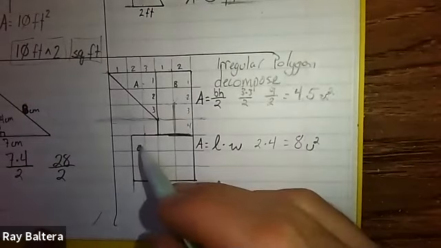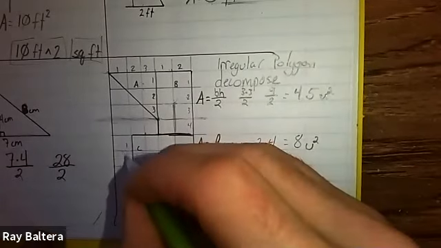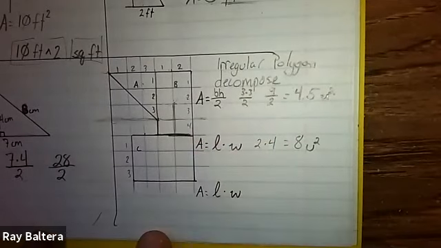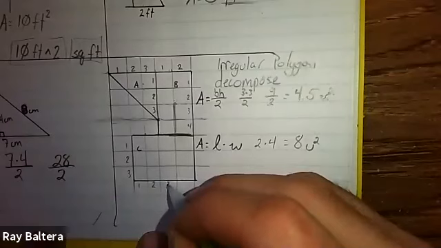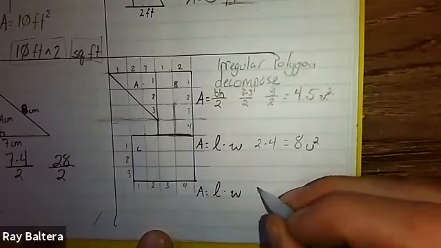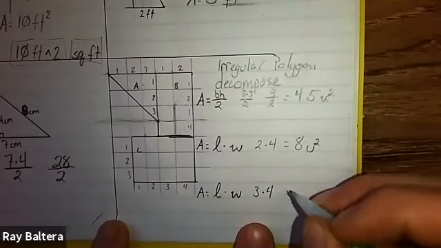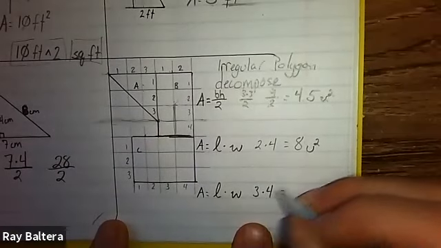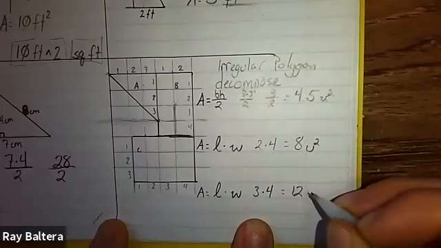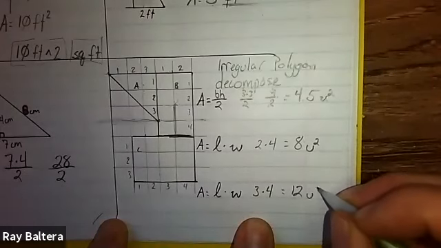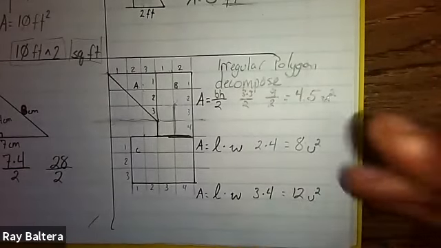And then my last rectangle down here, 1, 2, 3 by 1, 2, 3, 4. This is a 3 by 4 rectangle. 3 times 4 gives me 12. The label is again units squared.